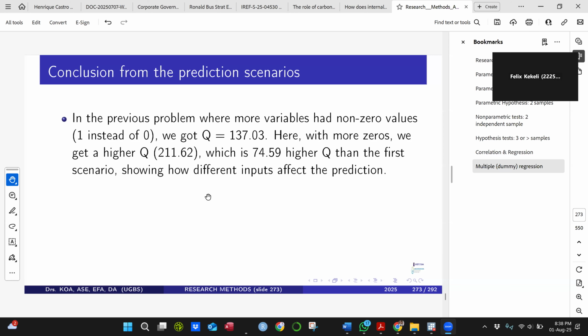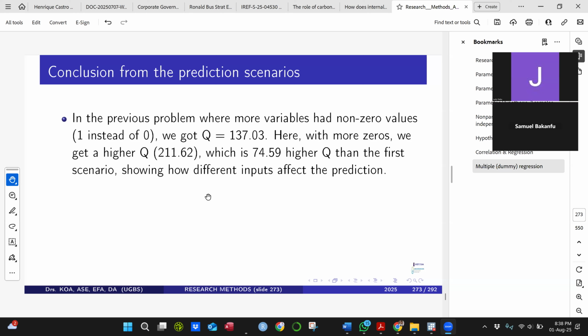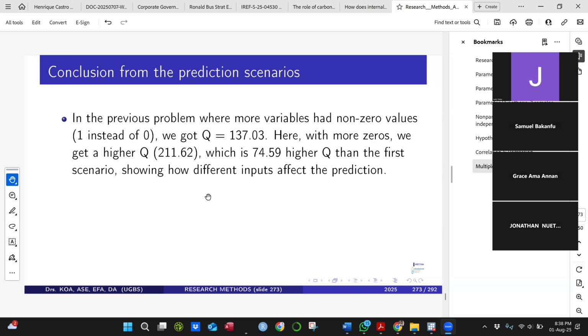Now, what do you think is driving the differences? Felix, what is driving the differences? Samuel. I think it's the religion. Is it only that?